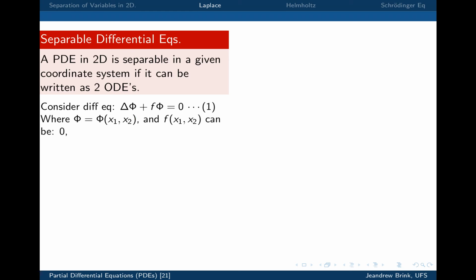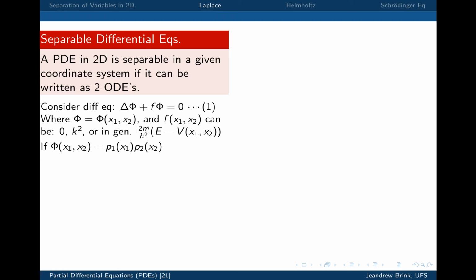And f can be 0, which is true of Laplace's equation. It can be k squared, which is true of Helmholtz's equation. And it can be, in general, a function of x1 and x2. Okay, so we're going to look at all three possibilities and classify all the coordinates in which this is possible, and therefore all the problems in which you should try to look for separable solutions.